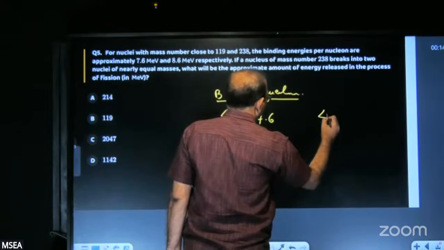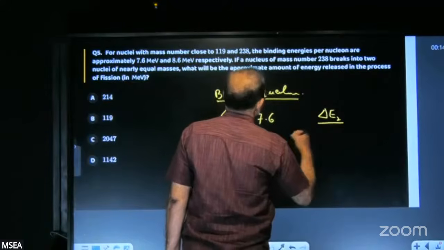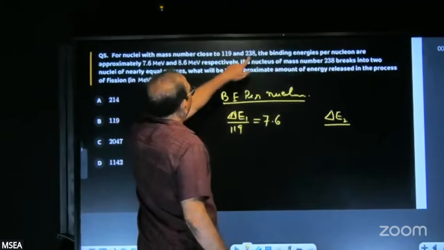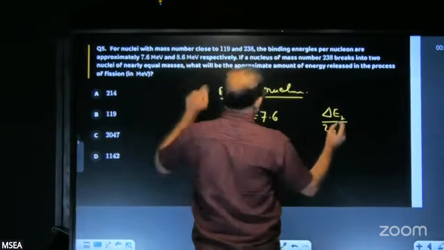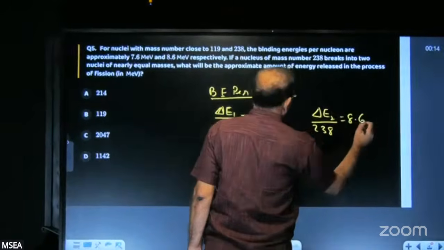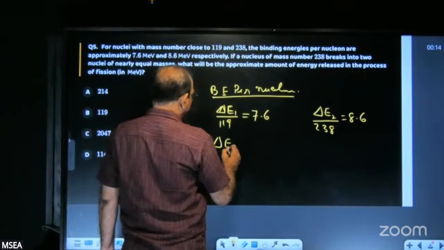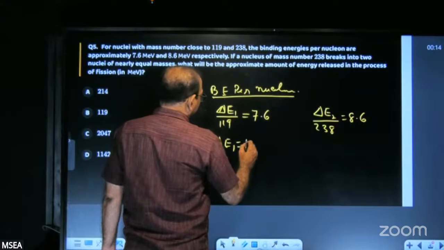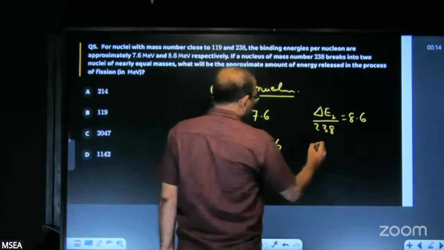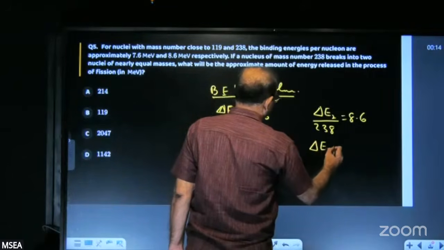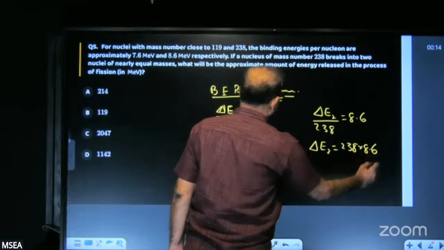Then the second one: delta E2, for mass number 238, this value 8.6 is given. So I can find delta E1, the total binding energy, as 119 into 7.6, and delta E2 as 238 into 8.6.